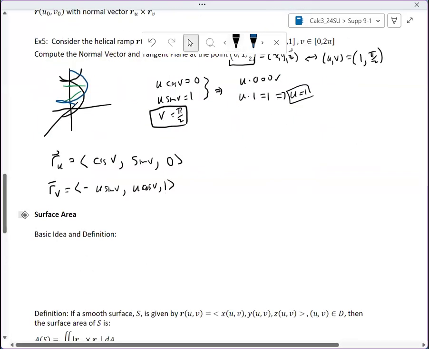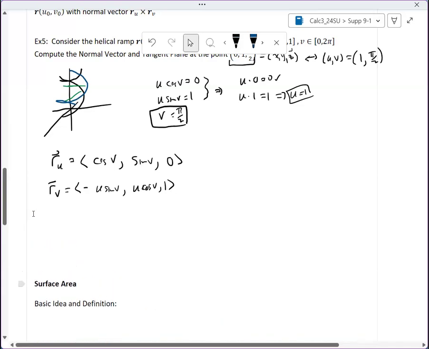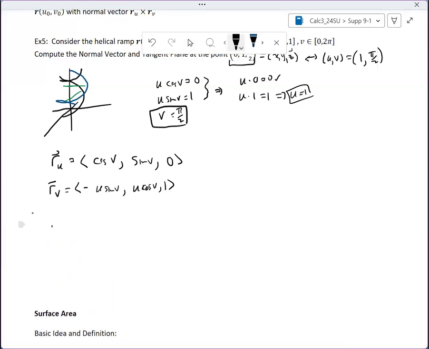We want to take their cross product. Didn't leave myself nearly enough room here. So taking their cross product, at the end of all of this, I get what? I times sine v times 1 minus 0. So sine v in my first component.